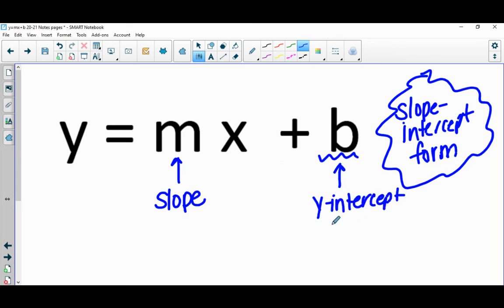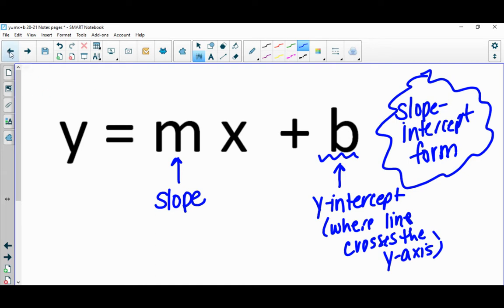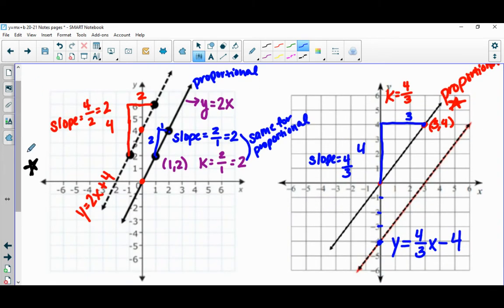So the y-intercept is where the line crosses the y-axis. Now, we can cross the y-axis if you go back up on your notes, up here at a +4, which would make that the b value be a positive, or we could cross it down here at a -4, which is what made this to be a -4 at the end here.